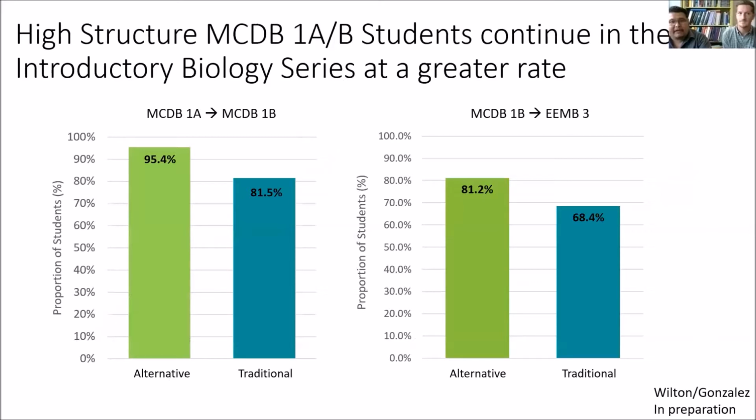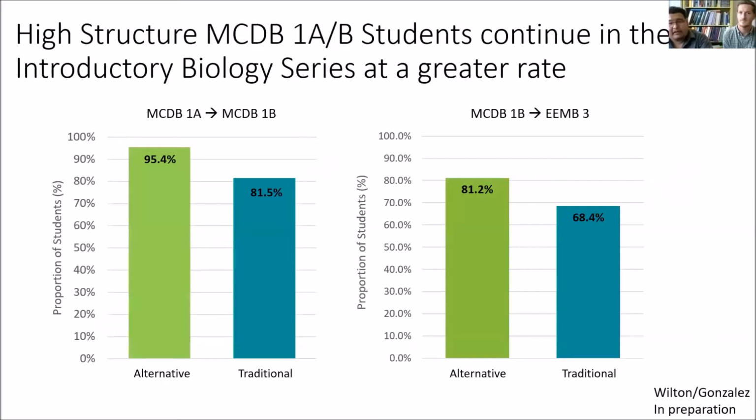This is just a representation, or a way of seeing, continuity in the major. Just the number of people that go from MCV 1A to 1B, and on the right side of the graph, it's higher in the alternative section in green than in the traditional.